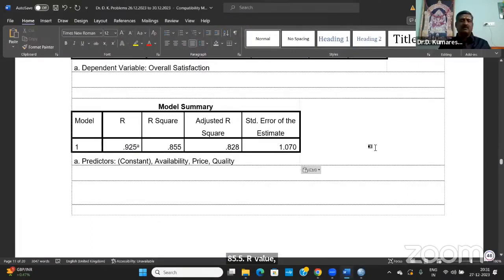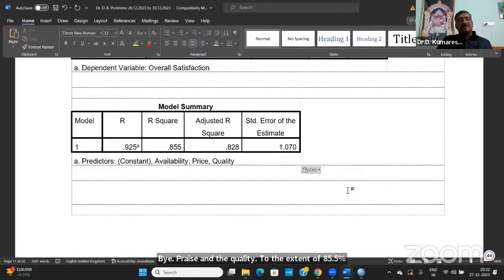That is the relationship between availability, price, and quality with the satisfaction is 92.5%. The coefficient of determination is 0.855. That means the satisfaction of consumers is determined by availability, price, and quality to the extent of 85.5%.